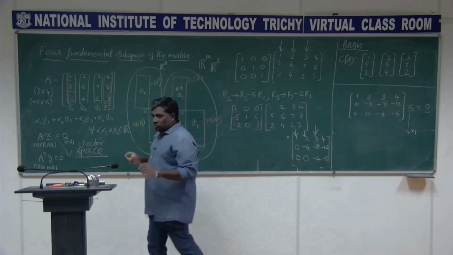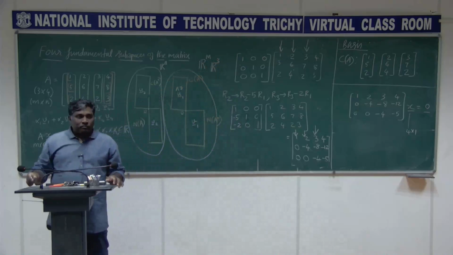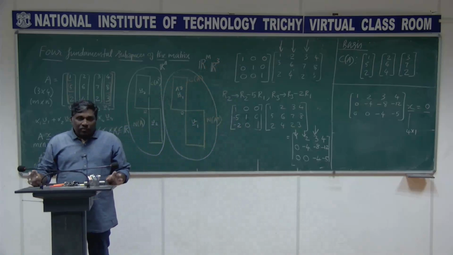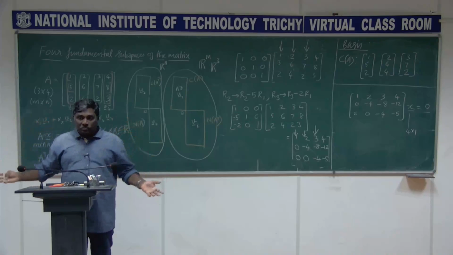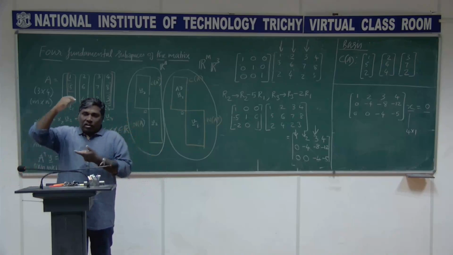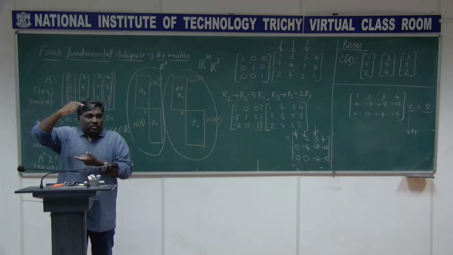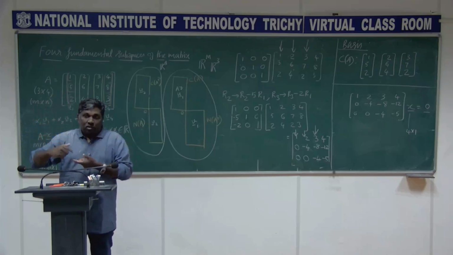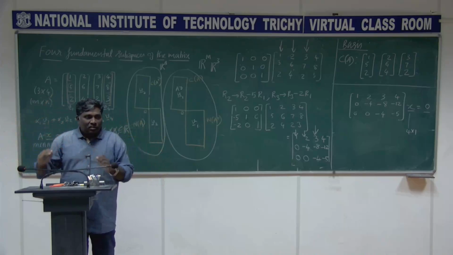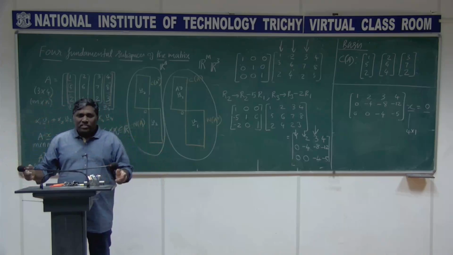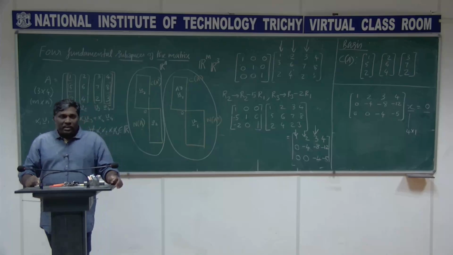When I have a space R3, a vector space, to span the complete space means what? All the vectors with the number of elements being 3. What is the basis for it? We have a standard basis which is just what?